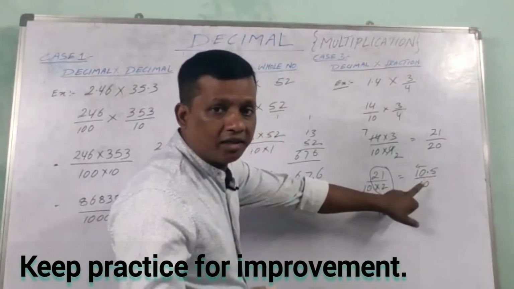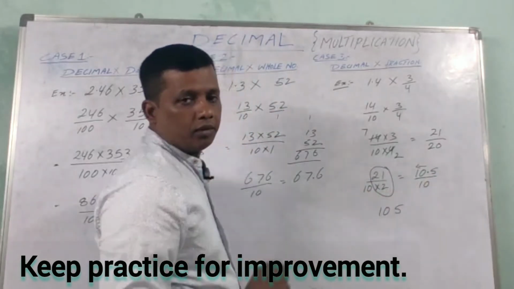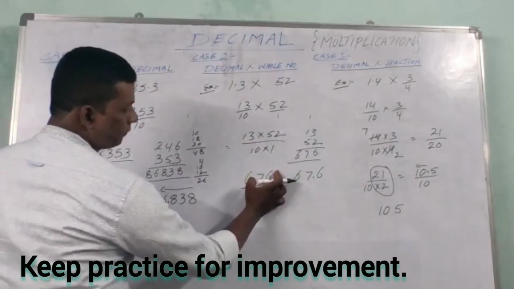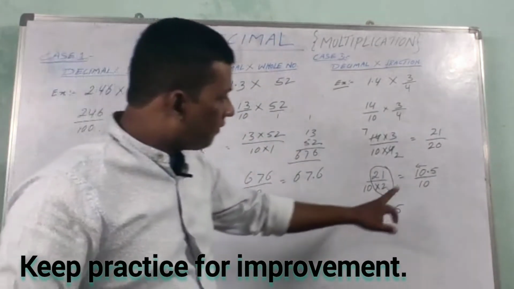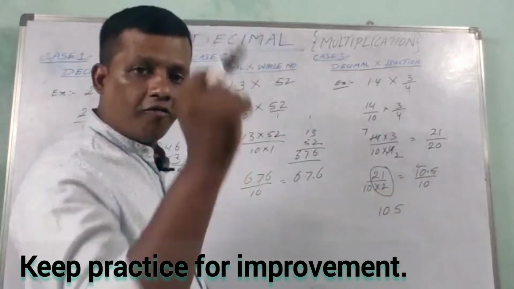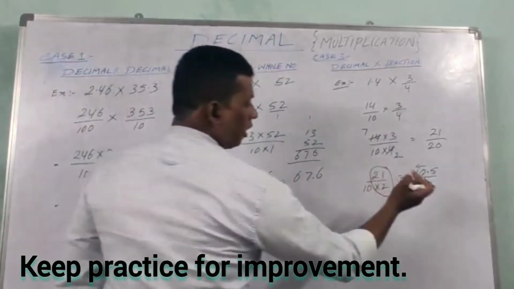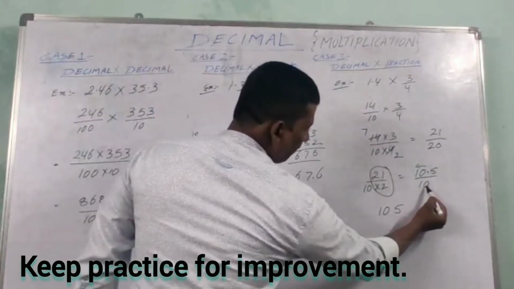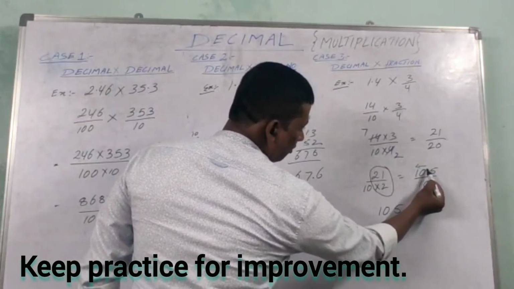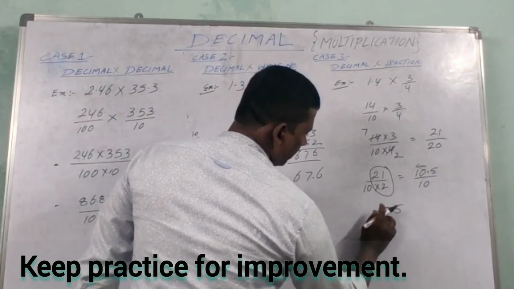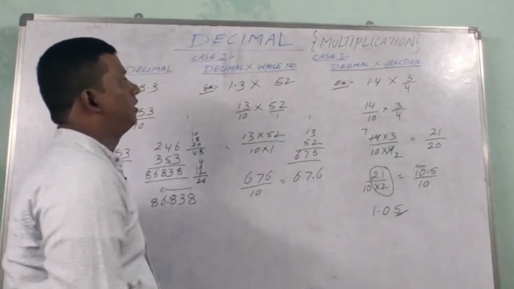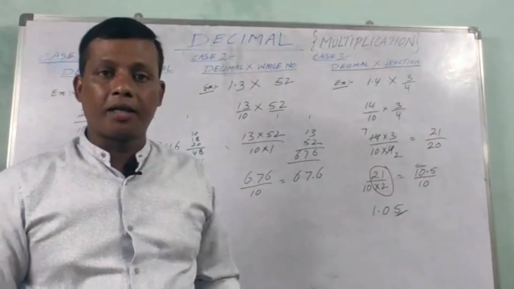If you do not have any decimal point, start from the extreme right. If we have a decimal point, then from that place we move as many digits as there are zeros in the denominator. I have only 1 zero here, so I will move one step. It will be here. That will be 10.5, our answer. Hope you love the video. Keep practicing.